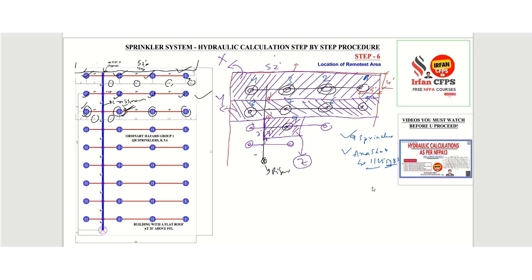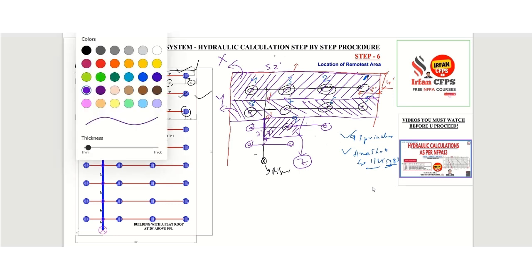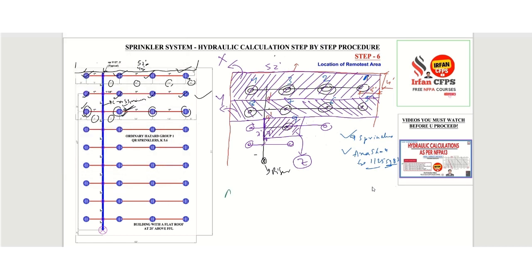Okay. So now what we will do, I will take one more color. This is a complicated topic. You need to listen carefully. You have to go through it a couple of times to get a good idea. Okay. Now the area of coverage for sprinklers 1 to 4.